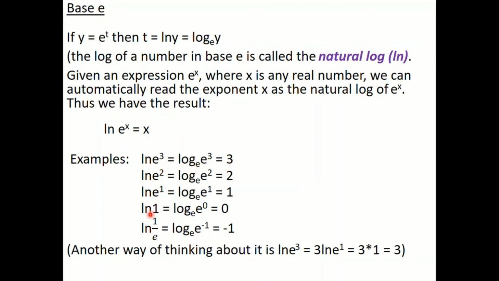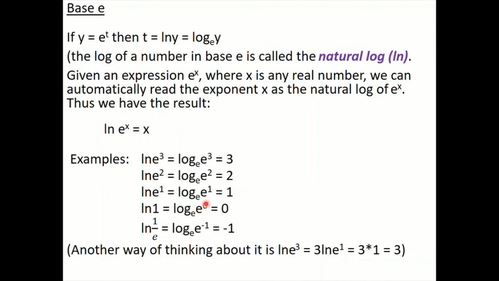If we jump down and have a look here, we've got the natural log of 1 in this case. But remember, anything raised to the power of 0 is 1, so we can rewrite this as follows. If we want to write it out in full, it's the natural log, so it's log with a base of e, and the expression here is e raised to the power of 0.